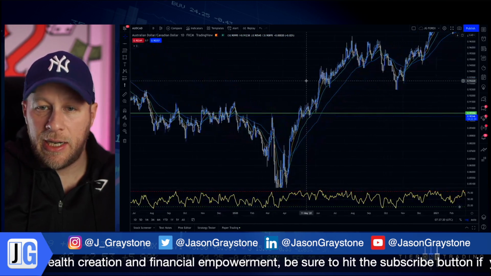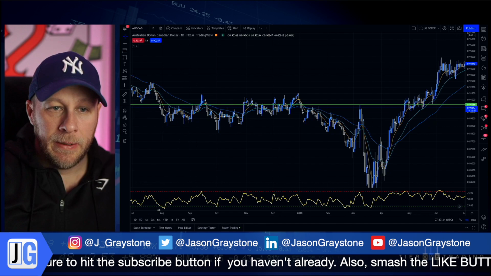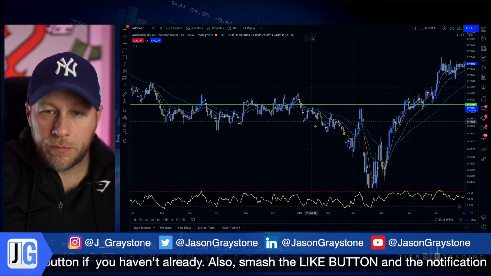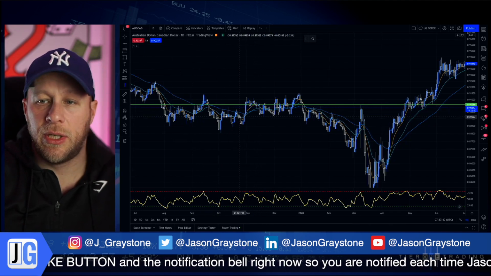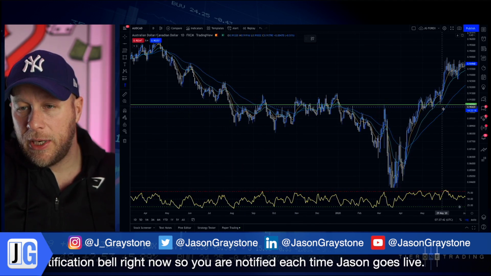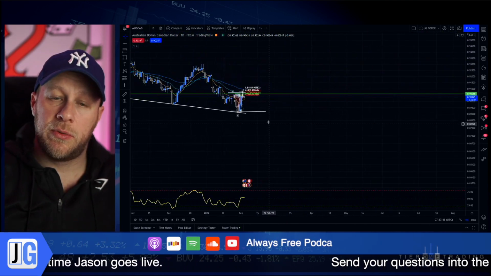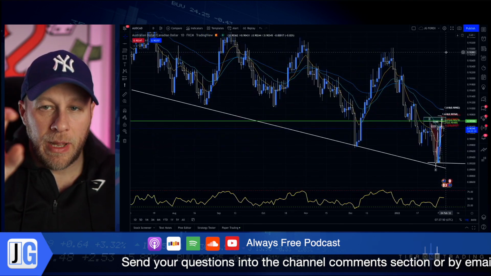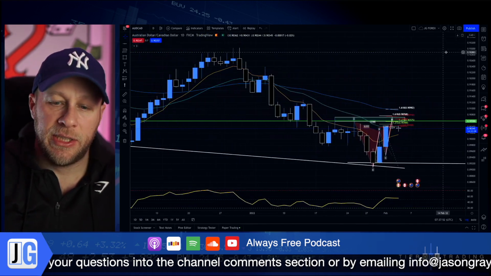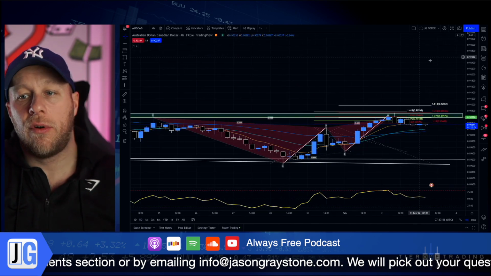So you can see right here, just in the most recent times, we've got tests of that level, we've held around that level, so we've bounced off of that level here. So you can see that it's a nice level of structure as well, so that might give you another point. So what we're doing is we're really adding up confluence and confirmation that we're likely to see the highest probability zone for a rollover.